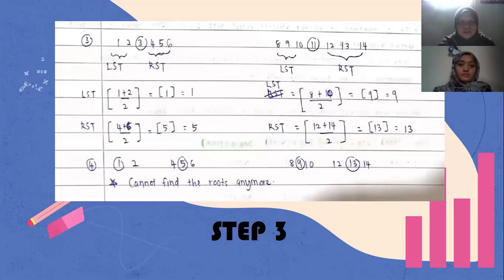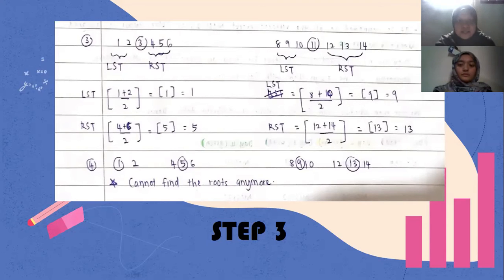So we do the same as step 2: for 3 as the root, we will have a left subtree and a right subtree, and for 11 as the root, we will have a left subtree and a right subtree too.